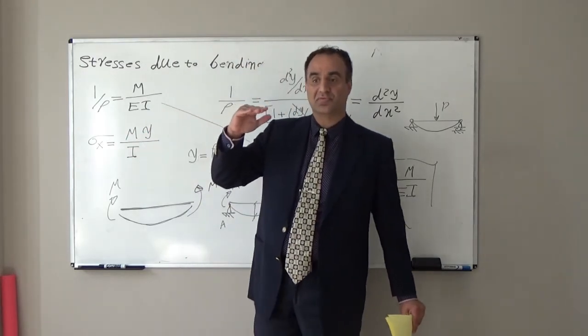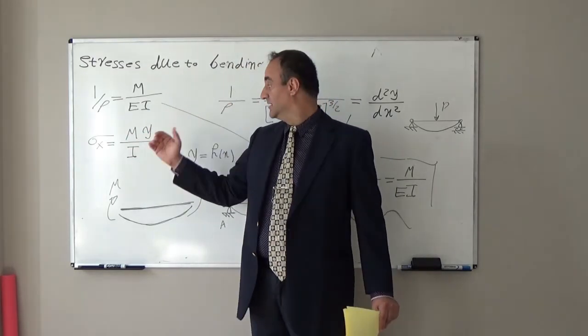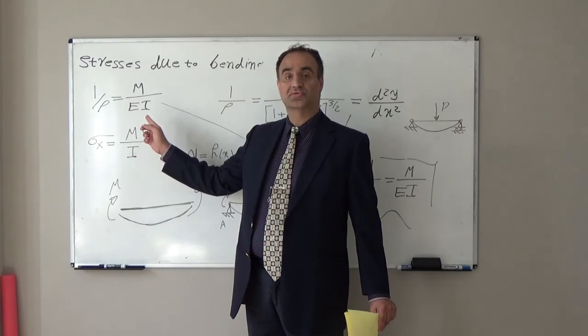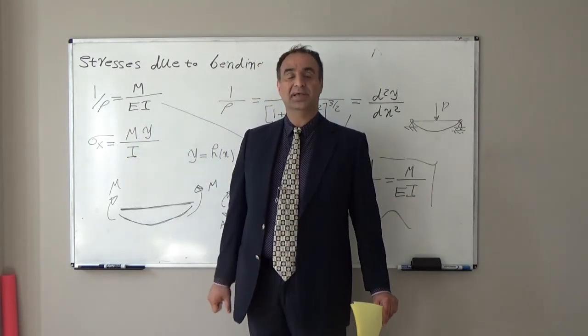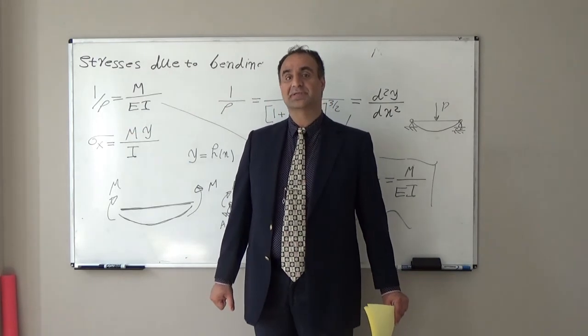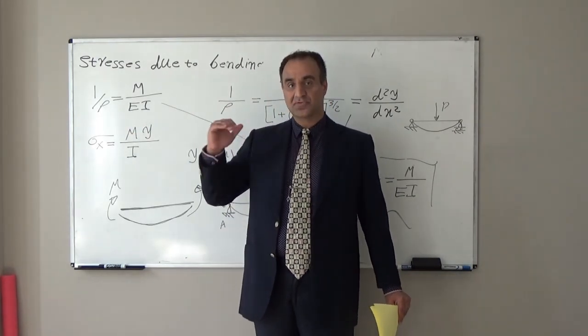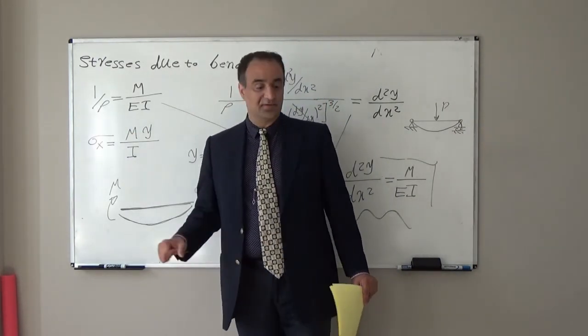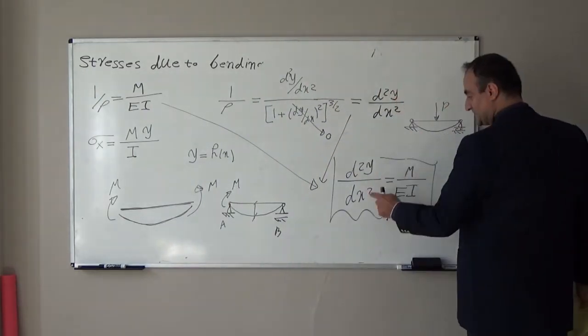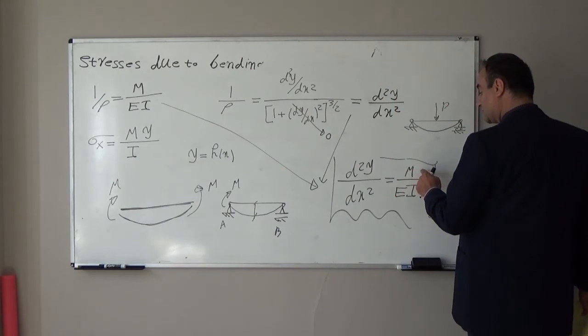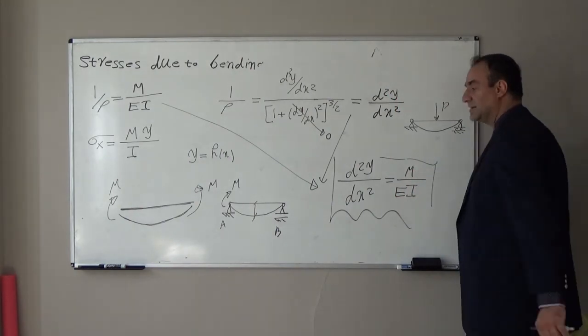We want to find normal stress in that fiber. Divided by I, moment of inertia with respect to the axis that passes through the centroid. I can find sigma x. And second derivative of y with respect to x is equal to bending moment divided by EI.